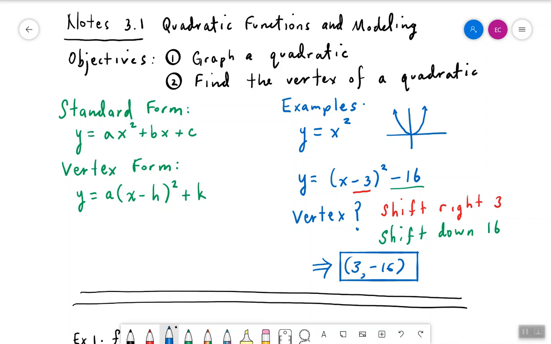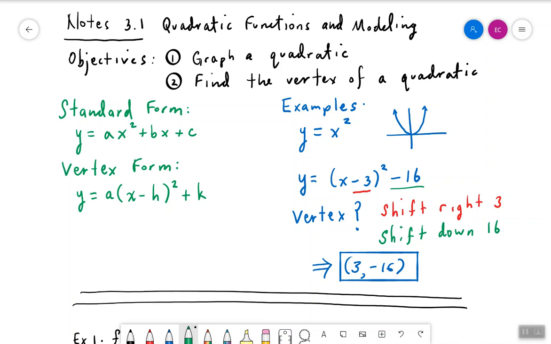But first, let's back up and let's go back to vertex form now. So you see that the example we had was in vertex form, and you see that the 3 represents the x coordinate, and the minus 16 represents the y coordinate.